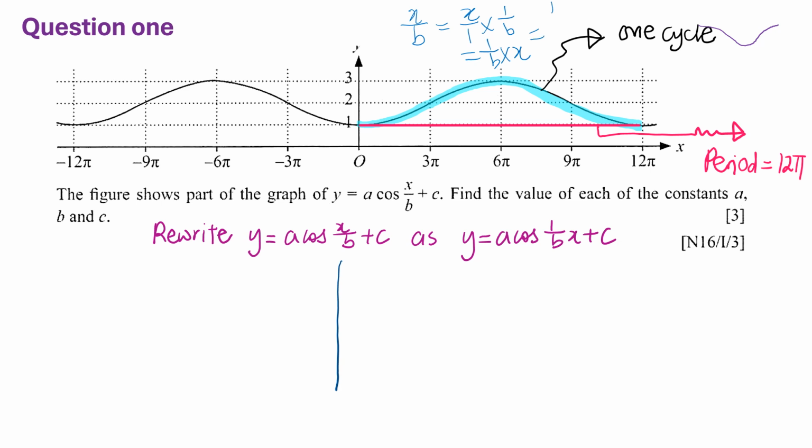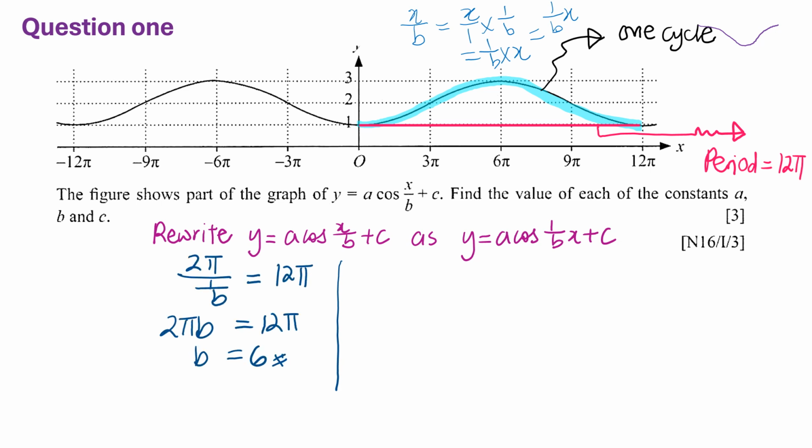So the coefficient of x is 1 over b. This is something you must take note of. So we take 2 pi divided by 1 over b, which gives you 12 pi.